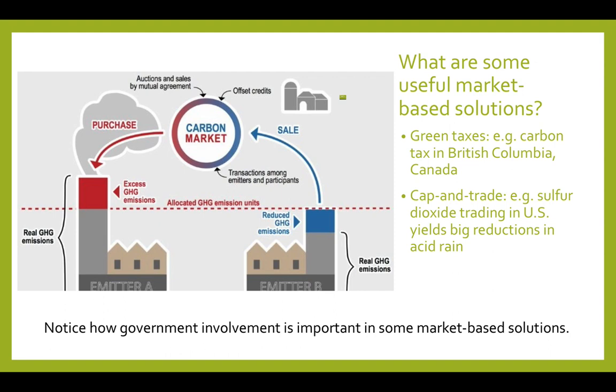You have to notice that market-based solutions are not always just something created by companies or within markets. Oftentimes, if we're talking about altering the way markets work, we need somebody above the markets who is helping to figure out what the details should be and who is laying out rules so that they're fair for everyone. That is the government's role in cap and trade.